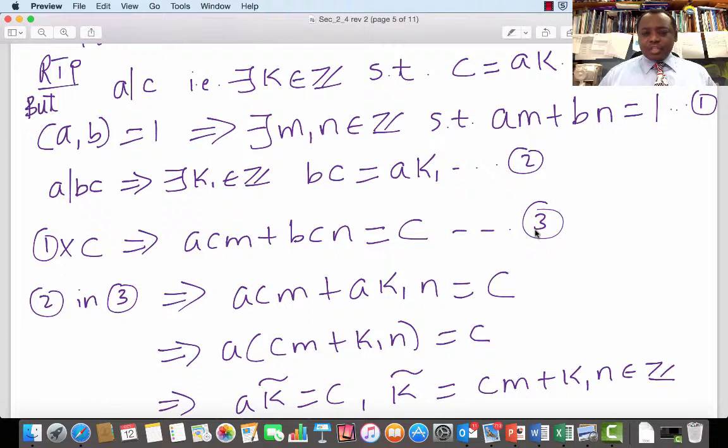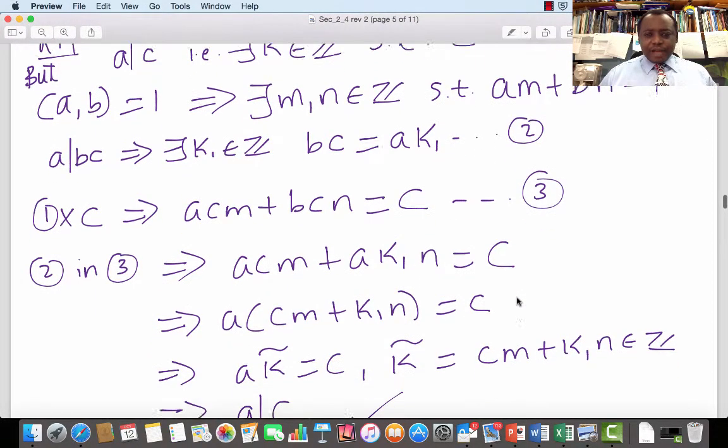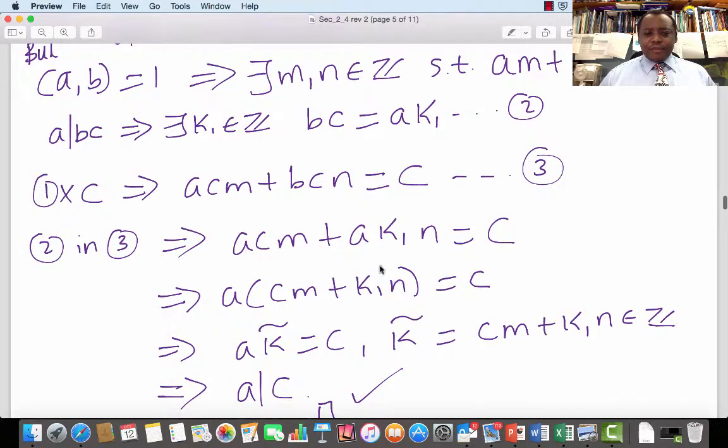Call that equation 3. Now substitute equation 2 into equation 3 and we have acm plus ak1n equal to c. Factorize out a from the left hand side and we have a times (cm plus k1n) equals c.